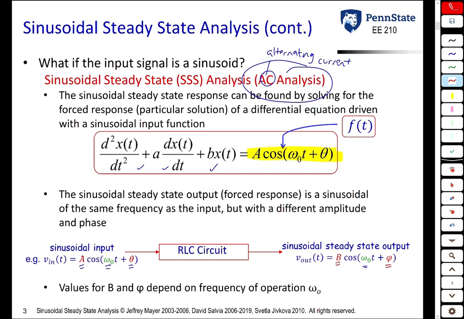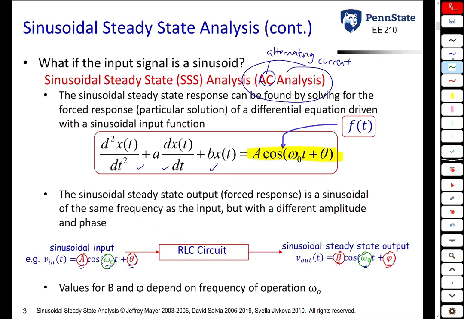So an input amplitude of A is going to give you an output amplitude of B. An input angle of theta is going to give you an output angle of phi, but the frequency is the same. So just like in the DC case, a DC input ultimately gave you a DC output, an AC input ultimately gives you an AC output.